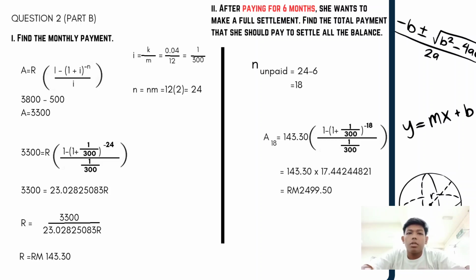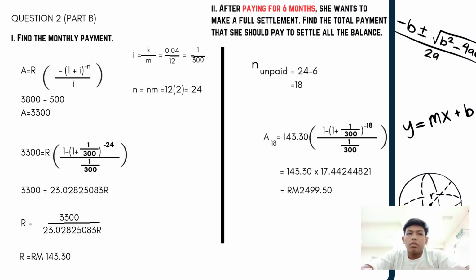So the first step is we need to subtract 500 from 3,800 because the question said Ishira has already paid 500 for the phone. So 3,800 minus 500, we get 3,300. The second step is we need to find the values of i and n.